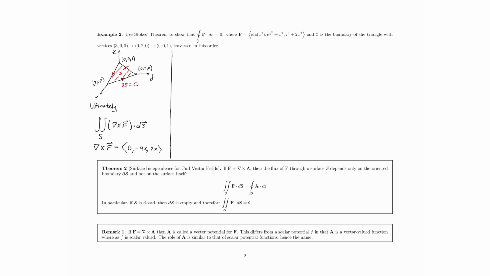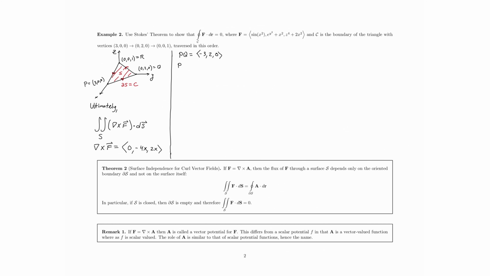So we can think back to chapter 12, where we were given 3 points and asked to determine the equation of the plane containing them. Let's call these points P, Q, and R. Then the vector PQ is 0 minus 3, 2 minus 0, 0 minus 0.